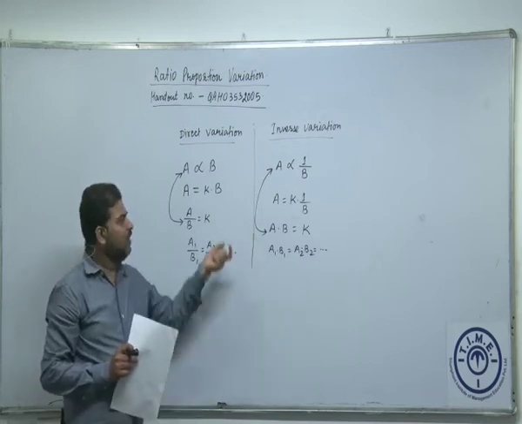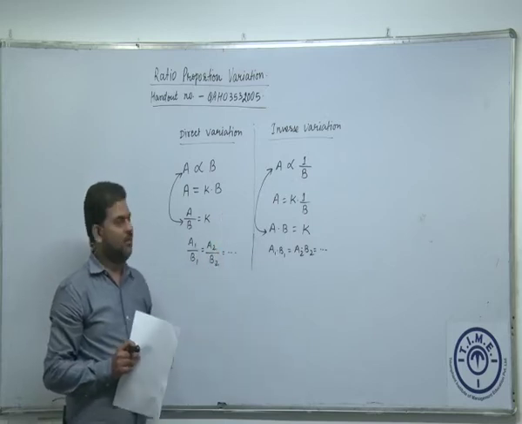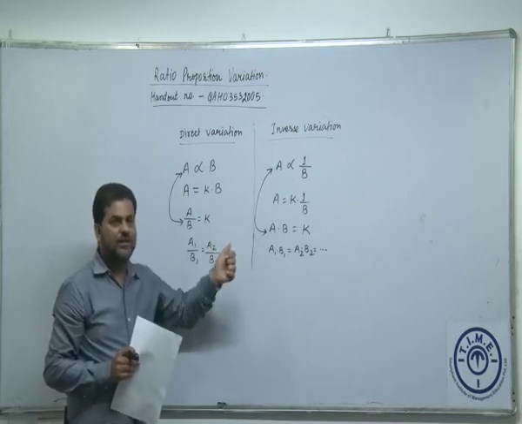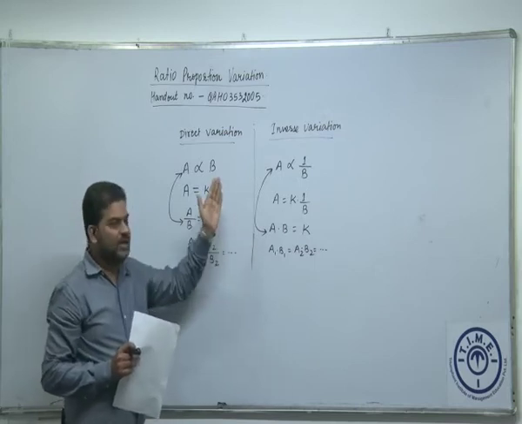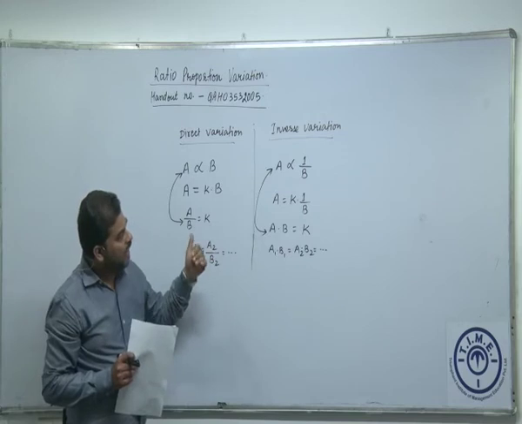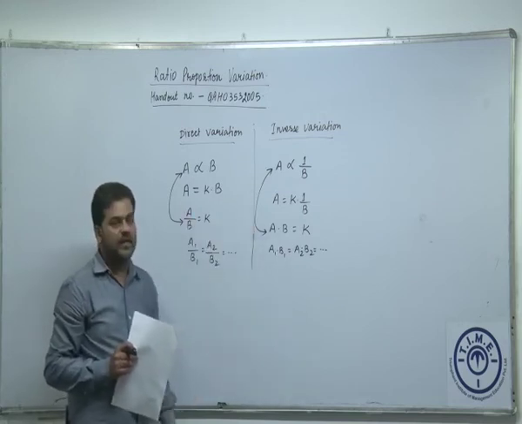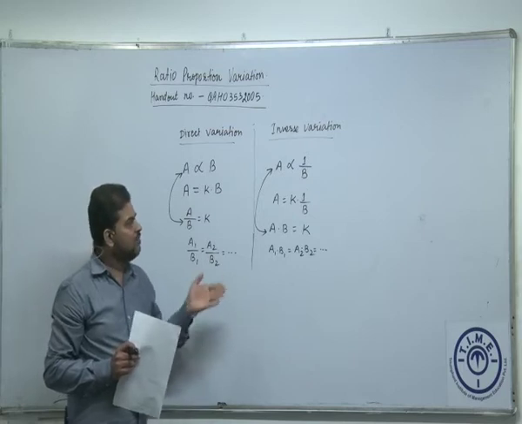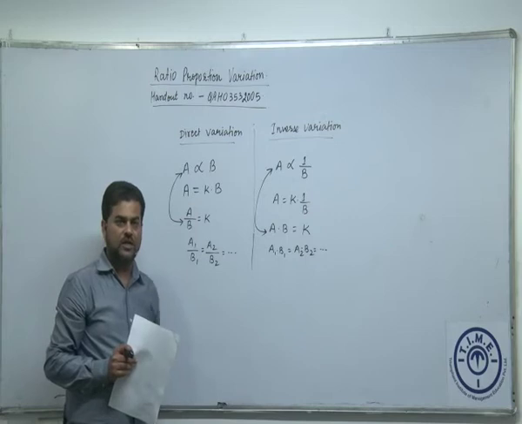For example, if you make A double, then B will become half. If you make A triple, then B will become 1/3. Similarly, if you decrease A, B will increase in the inverse proportion. So if A is becoming half, B will become double. I hope this explanation is clear.